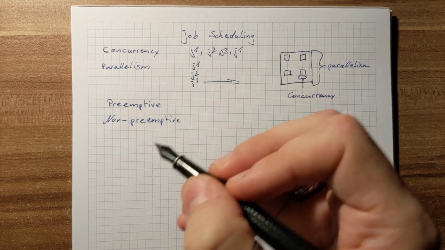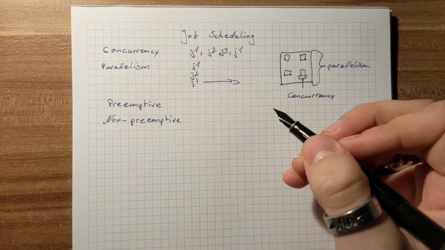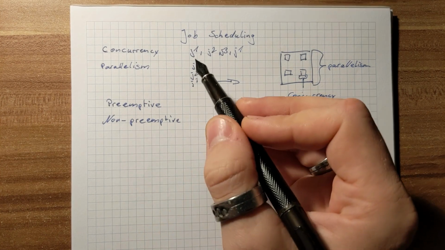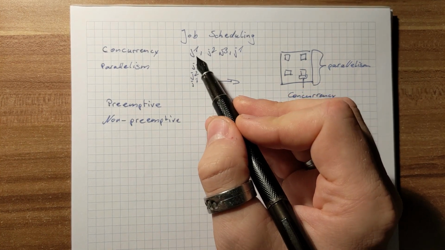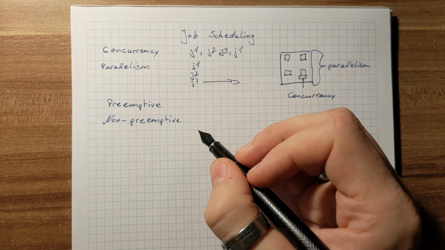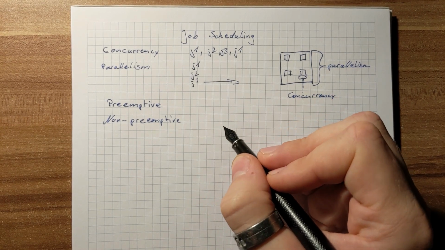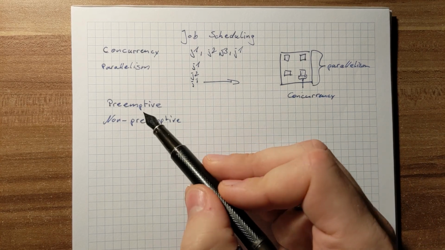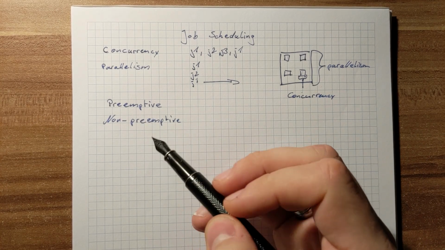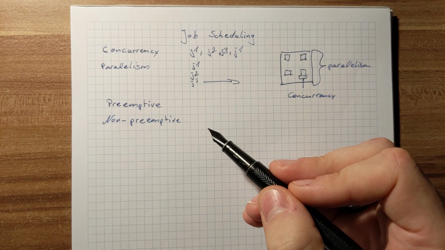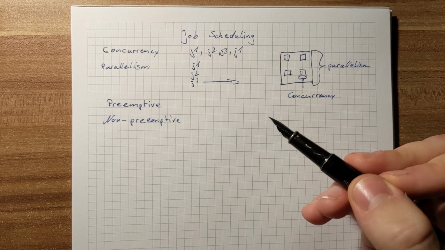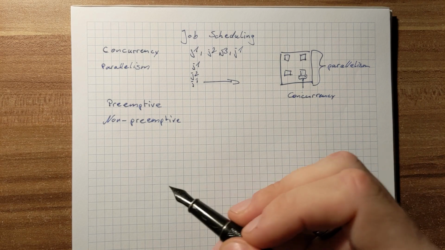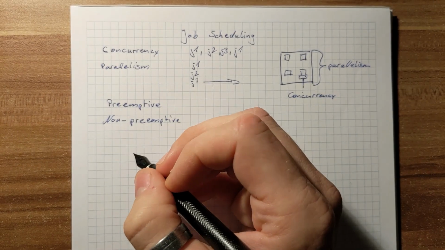They can start their execution at an earlier point. Whereas non-preemptive means that as soon as you start a process, or a task rather, you have to finish that one before you can start the next one. And now we could speculate about which one is better, but I think it will become more clear with the examples that will follow. But let me name a few approaches first.